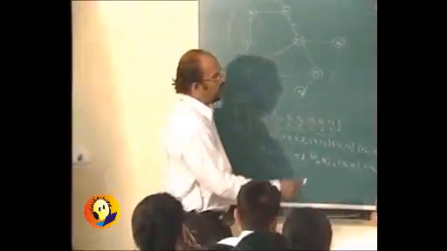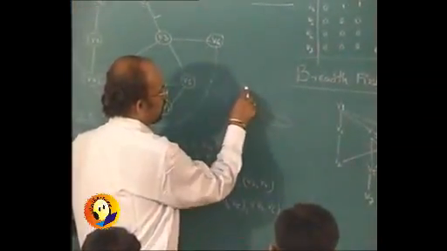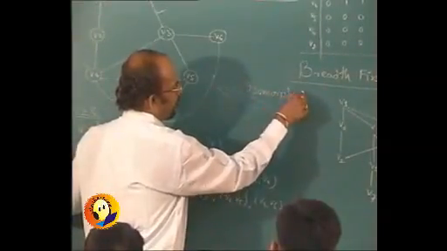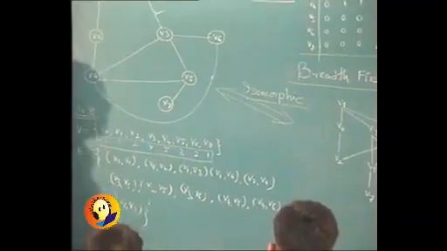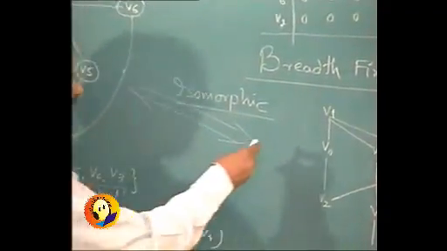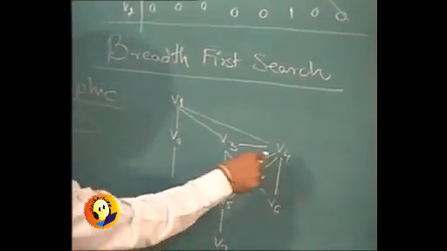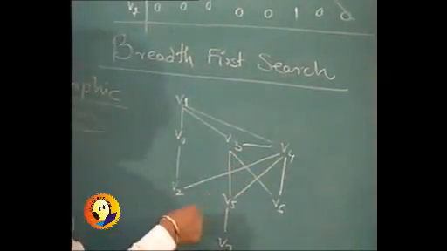Actually, if you recall, these two graphs are known as isomorphic graphs. Anyway, so you will have to start with the given vertex. All the adjacent vertices of it are put on the next level, and their adjacent vertices on the next level, like that.